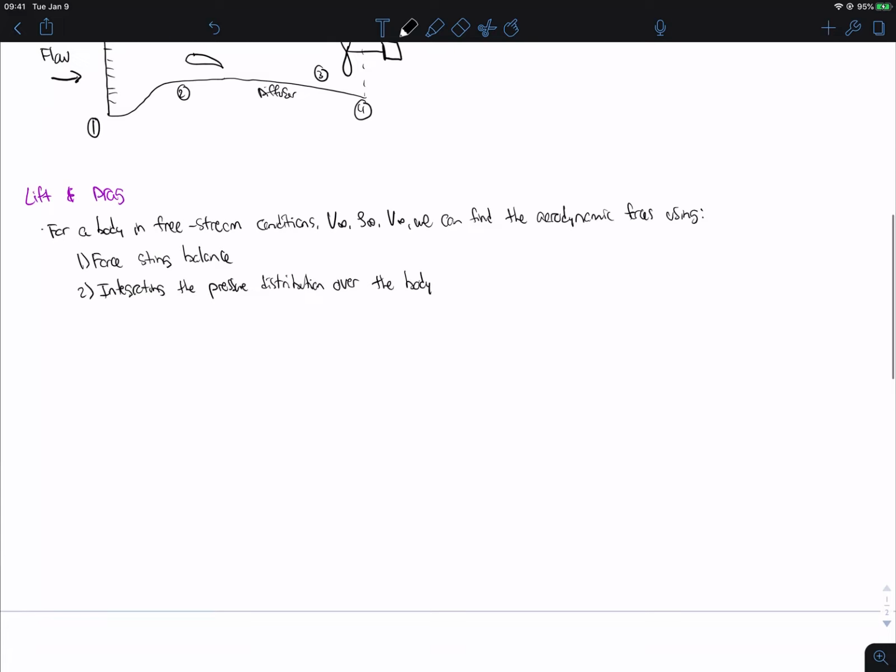So now I'm going to draw an airfoil, and then we'll talk about the orientation for a lot of these things: the lift and the drag and the free stream velocity, and then the angle of attack.